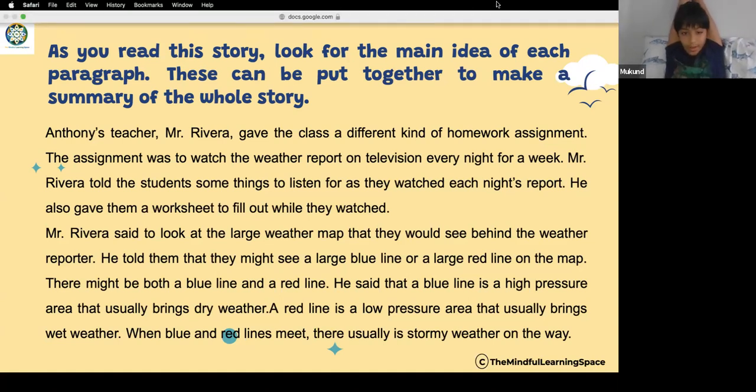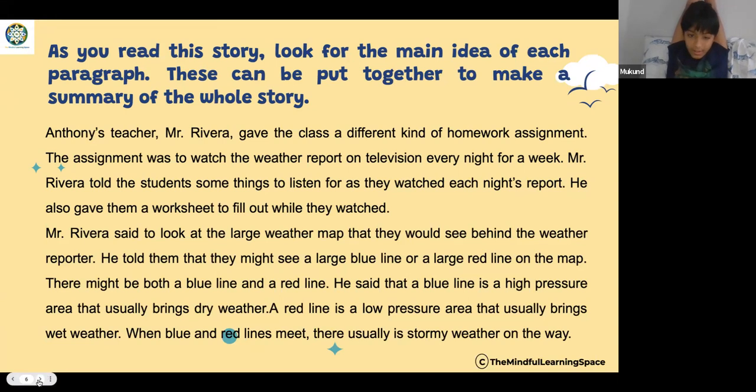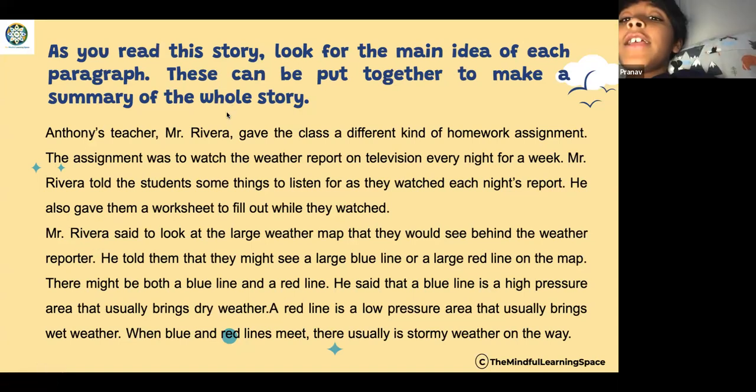He said a blue line is a high pressure area that brings dry weather, and the red line brings a low pressure area that usually brings wet weather. When blue and red lines meet, there usually is stormy weather on the way. Okay, that's too long. You just need to tell the main idea in a short line.